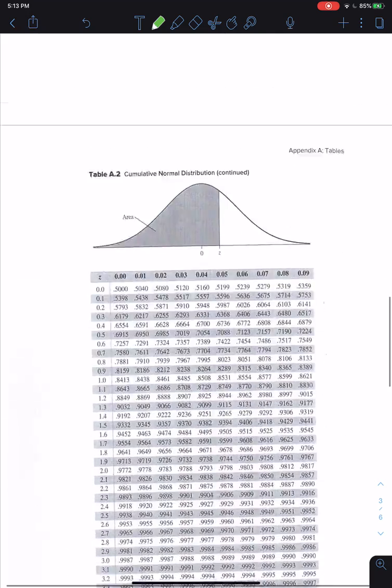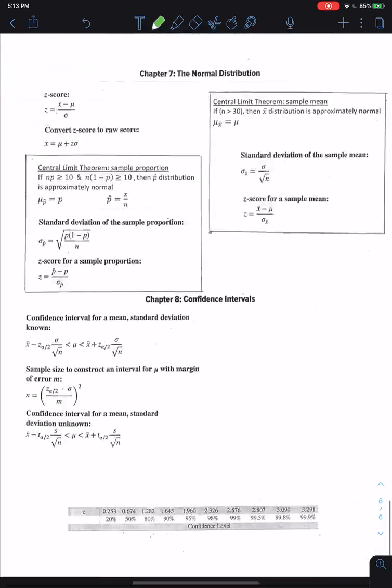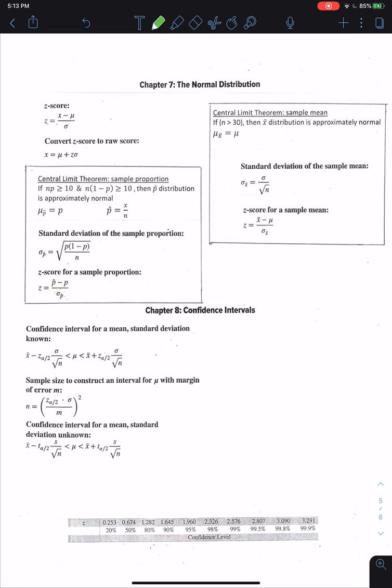Let's take a look at a new formula sheet that I put down here. You could take a screenshot of that and post it. It has the formulas for normal distributions and also for confidence intervals. This is what you're used to seeing, that's to find z-scores.